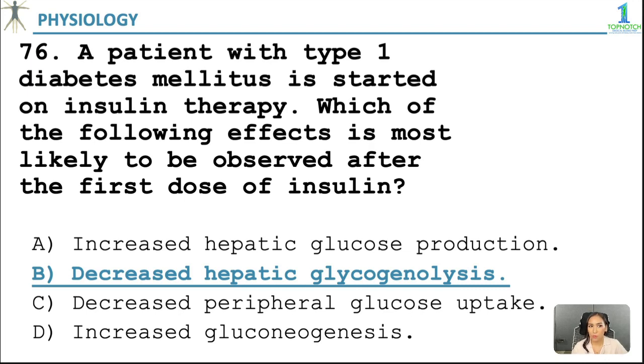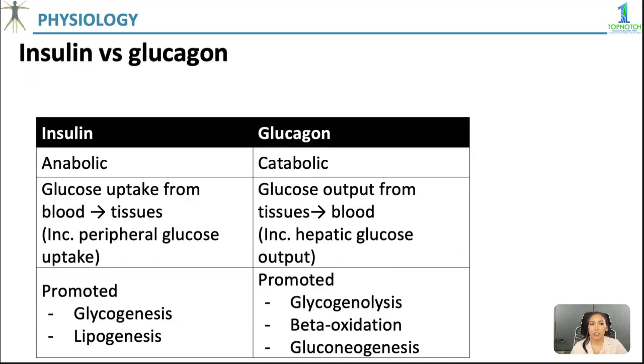Build, build, build. Let's look at this very high yield table differentiating insulin versus glucagon. Insulin is anabolic, glucagon is catabolic. Insulin encourages glucose uptake from blood going to the tissues. So there's increased peripheral glucose uptake as we discussed earlier.